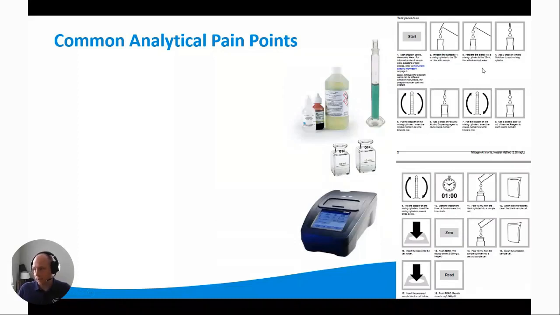So how does this test work? Basically, you're going to take your sample, add it to a graduated cylinder here. Then you're going to add this reagent, and then you're going to add this reagent, and then you're going to cap it and mix it. You're going to add some of this reagent, and then you're going to mix it and let it react for a while.